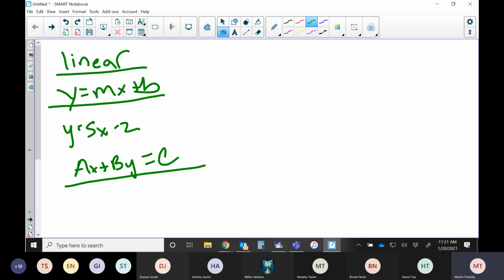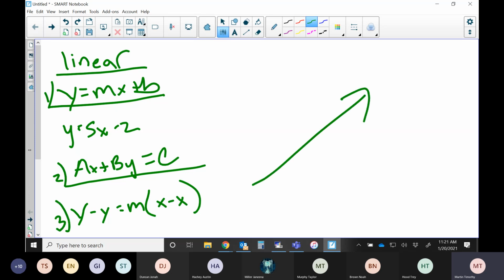The last form is point slope, which would be y minus y1 equals m times x minus x1. That is point slope form. All three of these forms you should know, and they were taught to you, and they make a linear. They're going to make a straight line. You studied those. You went through each one of those forms. You should know how to manipulate them and handle them.